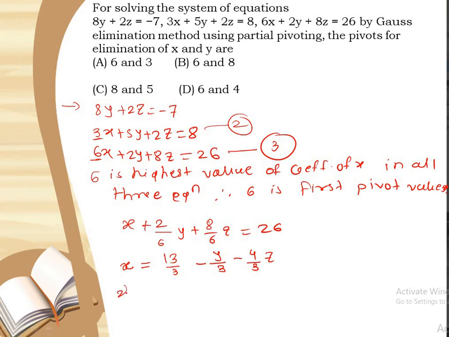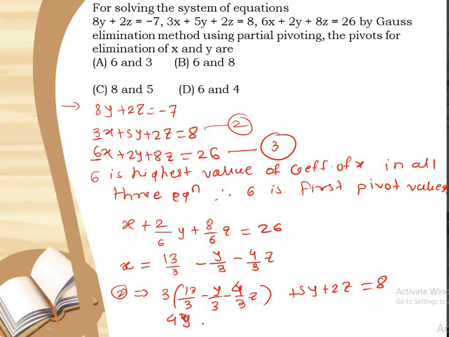So equation 2 becomes 3 times (13 by 3 minus y by 3 minus 4 by 3 z) plus 5y plus 2z equal to 8. Simplifying this equation, we get 4y minus 2z equal to minus 5.